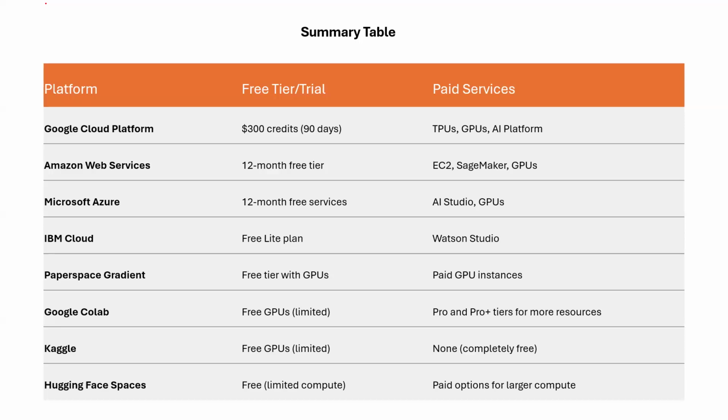Amazon Web Services, 12-month tier, and EC2, SageMaker and all. Microsoft Azure, AI Studios and GPUs, and IBM Cloud, Paperspace Gradient, Google Colab, Kaggle, Spaces, and all the things. These are the platforms available, which are paid and which are non-paid, of course, which are free.